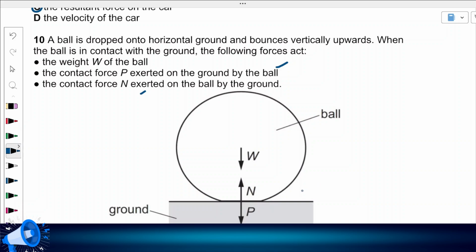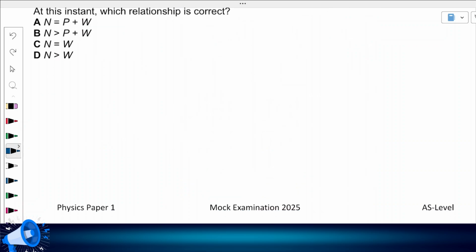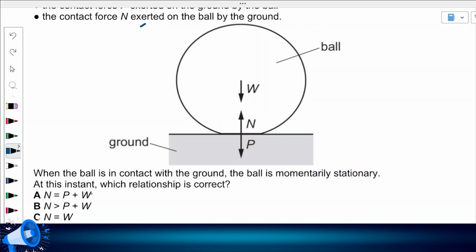The normal contact force is N, and the reaction of that force is P. So this is basically a pair of action and reaction forces. When the ball is in contact with the ground, the ball is momentarily stationary, and then it bounces upward, obviously. At this instant, what relationship is correct?